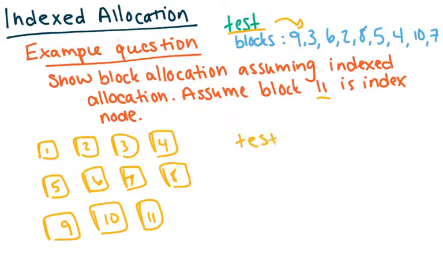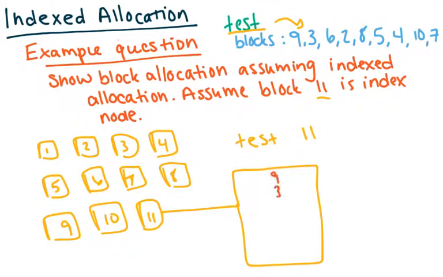It's going to have its index block at 11. And so for 11 here, we can blow it out, and I expect you to show me this: it's going to be 9, 3, 6, 2, 8, 5, 4. Okay, I ran out of space. 10, 7 in that order. And then it's super easy. You just point it to each one of those blocks.